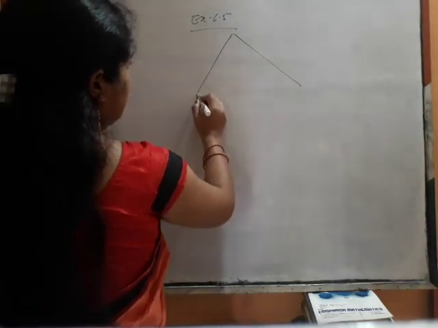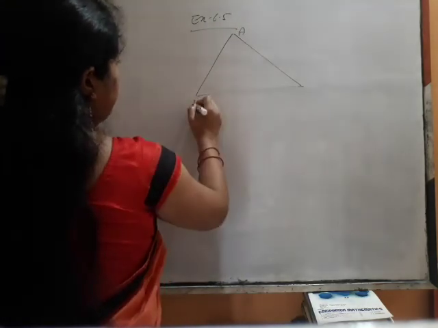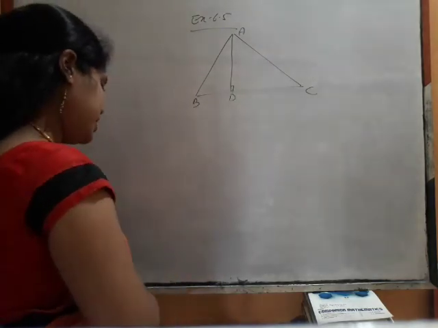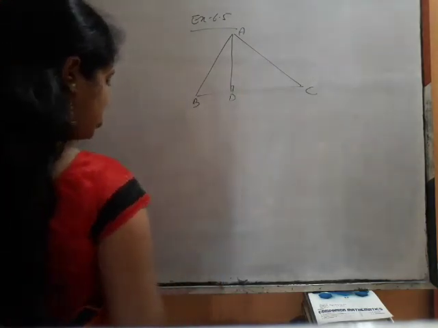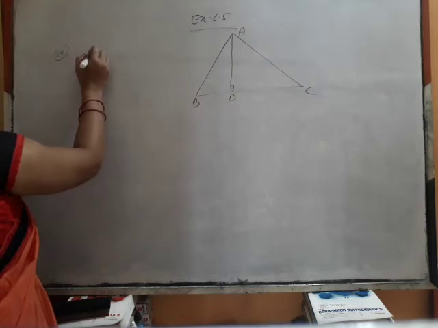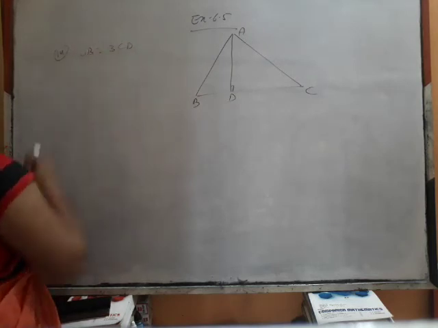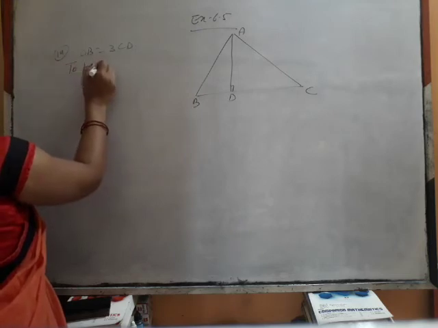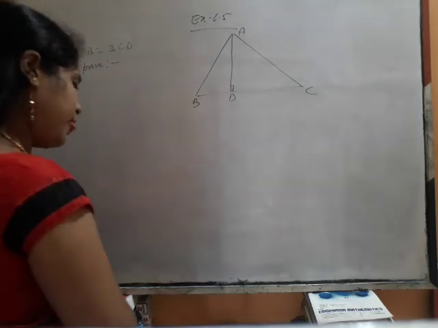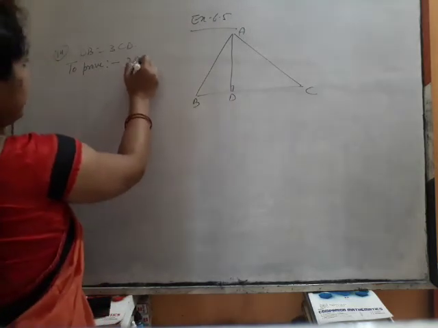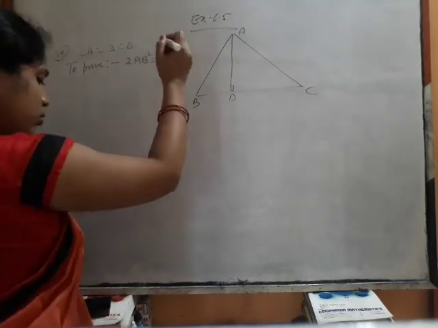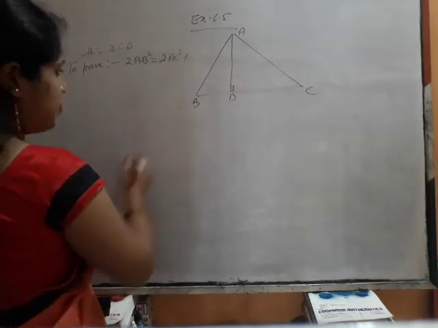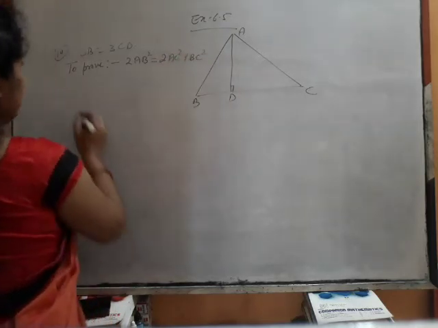We have a perpendicular AD on BC such that DB is equal to 3 CD, DB is equal to thrice of CD. So we have to prove 2AB square is equal to twice of AC square plus BC square. So now prove.